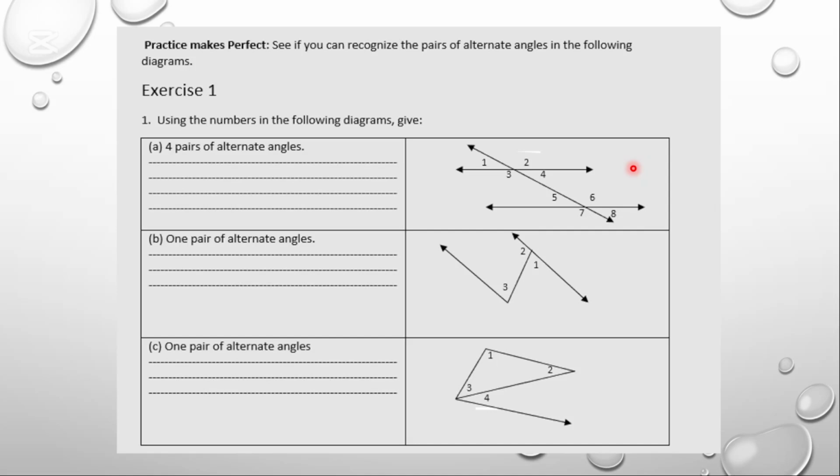Next one, B. Write down 1 pair of alternate angles. Here we have the 2 lines. Here we have the transversal. Over here, opposite sides, one this side, one that side, and it will be 3 and 1. 1 pair of alternate angles.